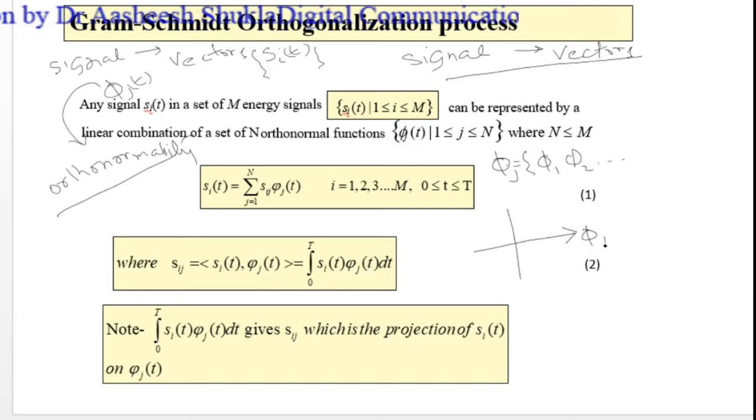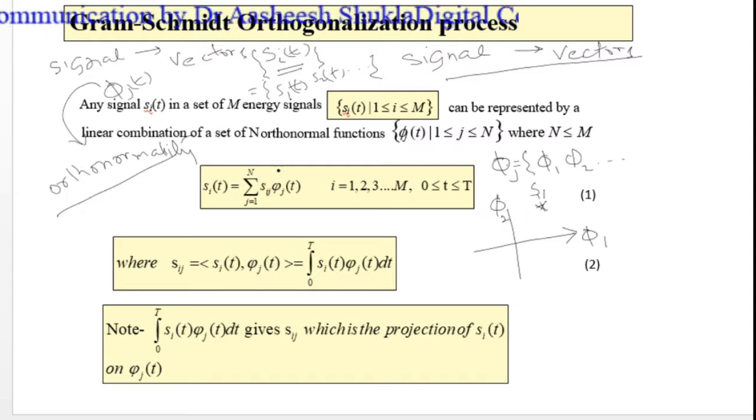For example, this is your reference axis phi 1, this is your reference axis phi 2, and with the help of phi 1 and phi 2 you can represent the vector si(t), right? It can also be extended like s1(t), s2(t), and so on. For example, this vector is your s1, right?